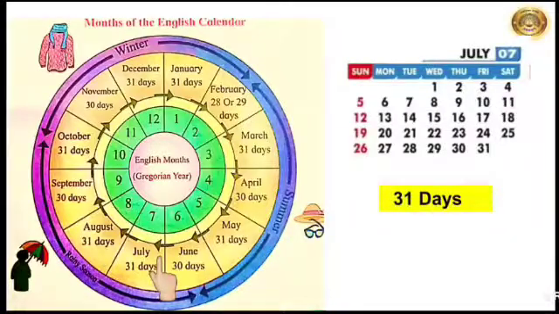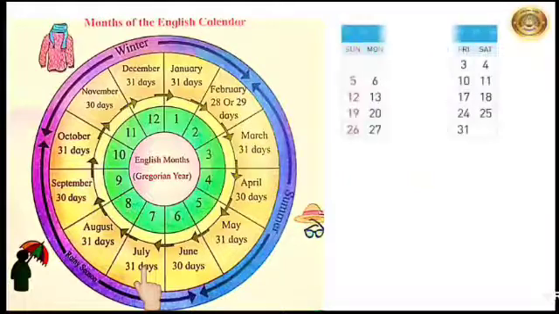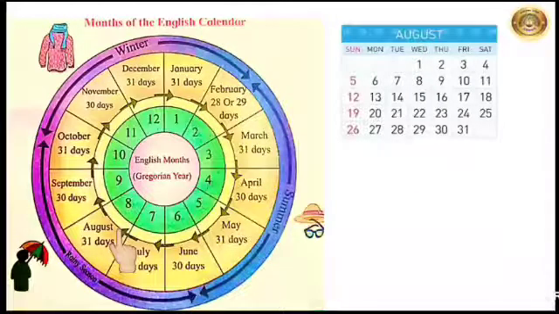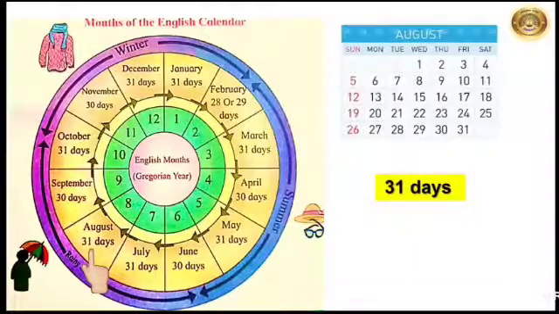It has 31 days. The next month is the 8th month, that is August. August has 31 days.